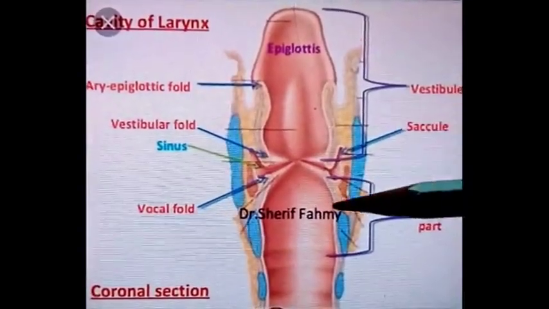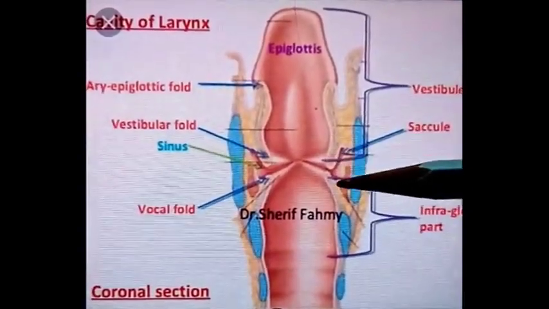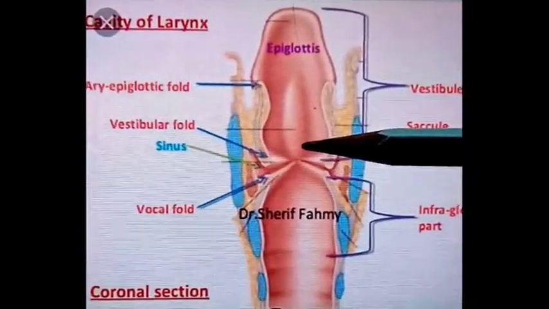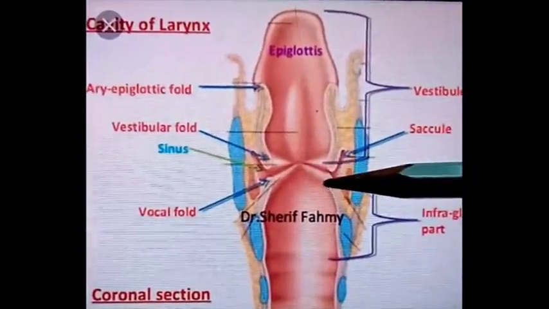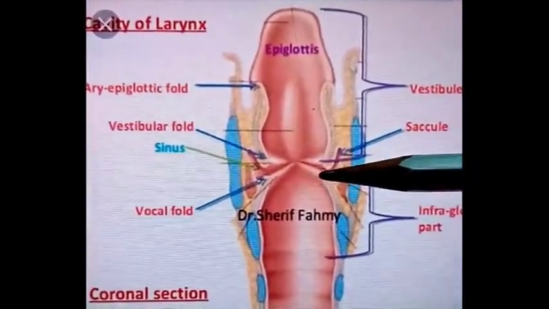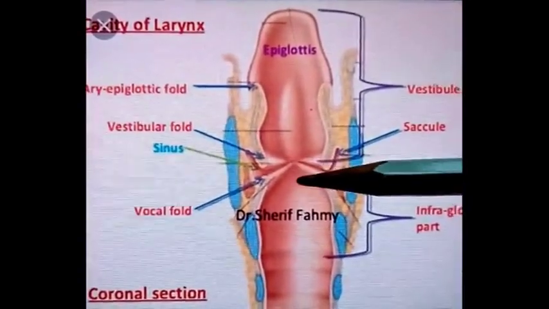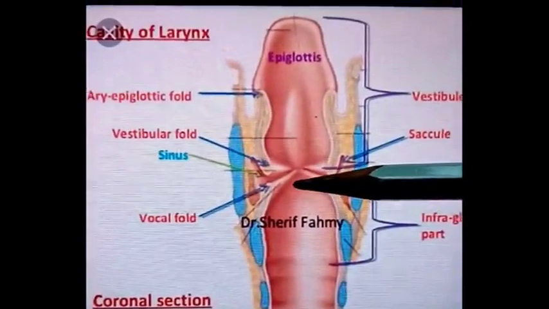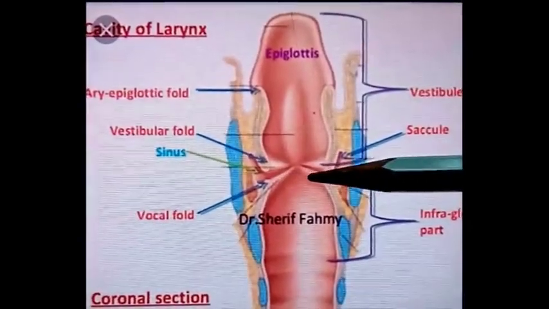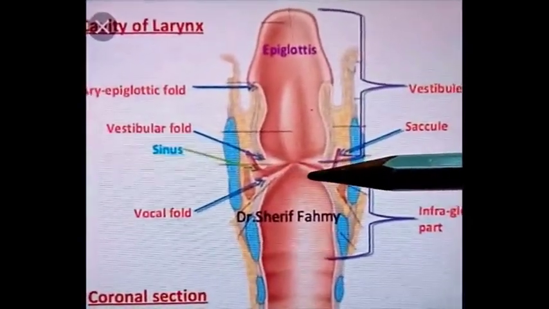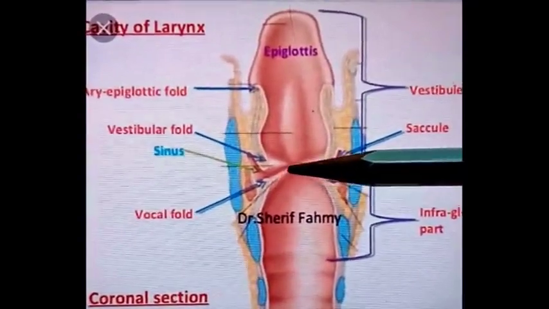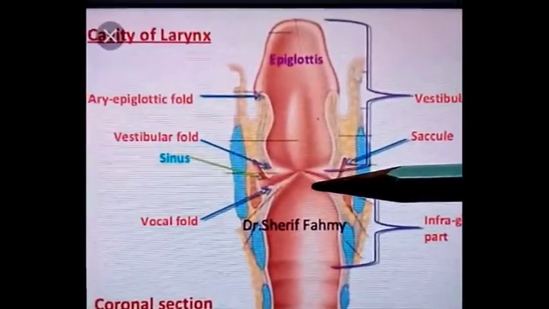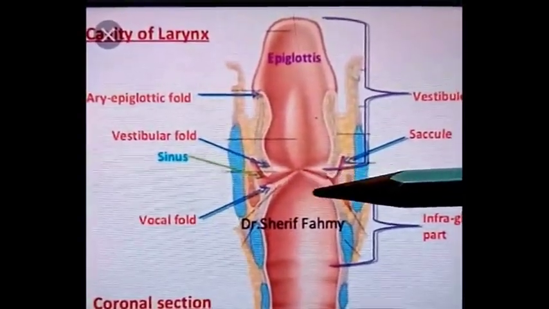In the same manner, on the right side also, these two folds extend from posterior to anterior side. So the vocal folds adduct during phonation. The gap between these two folds obliterates, and these adduct during speech, and they abduct, or go away from each other, during respiration.